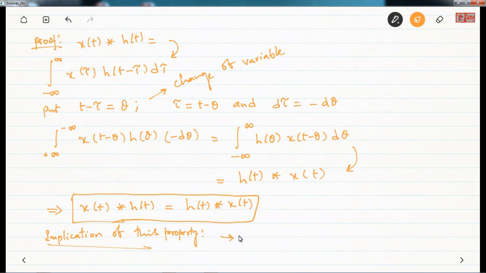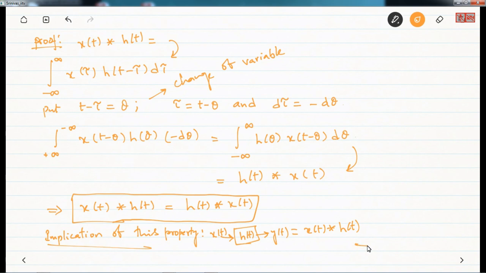If I give x of t as the input to a linear time invariant system having its impulse response equal to h of t, then let us say the output is y of t, which is x of t convolved with h of t.